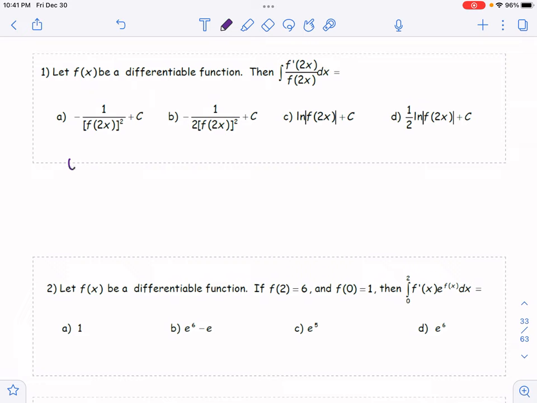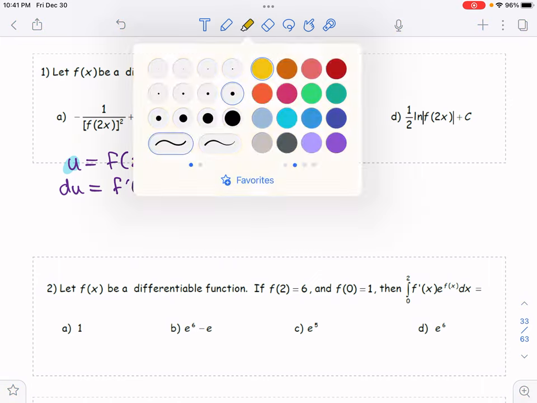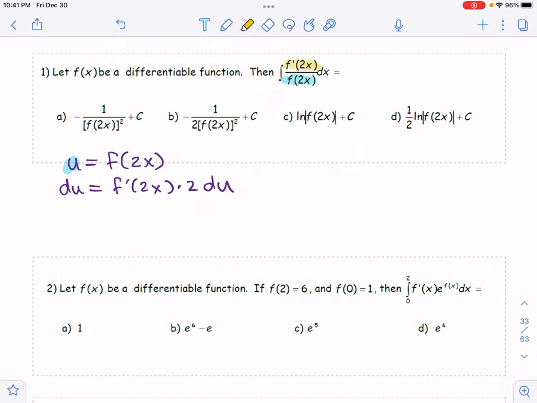That usually means we should let u be, in this case, f, so that when I take its derivative, I have du equals f prime of 2x, and then times a 2 by the chain rule, with a dx.